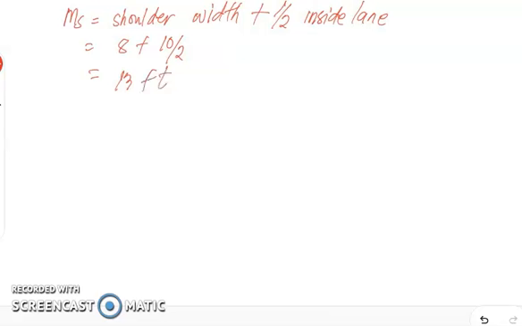So if we're going to consider the stopping sight distance required at 40 miles per hour, the required stopping sight distance is 305 based on table 3.1. We consider now the design speed of 40 miles per hour, so the SSD for 40 miles per hour based on table 3.1 is 305.